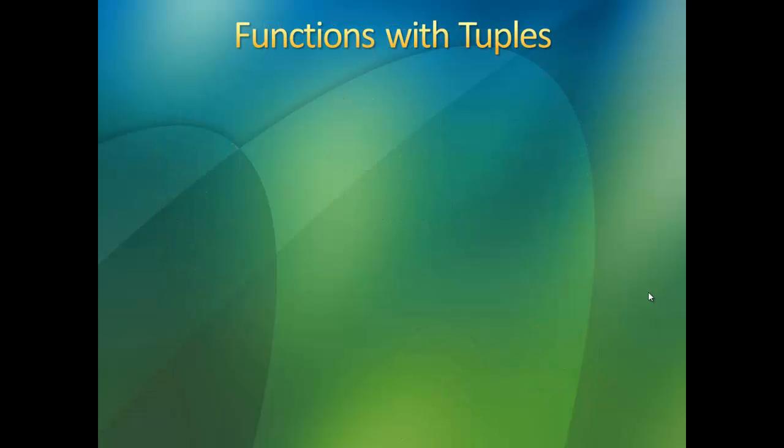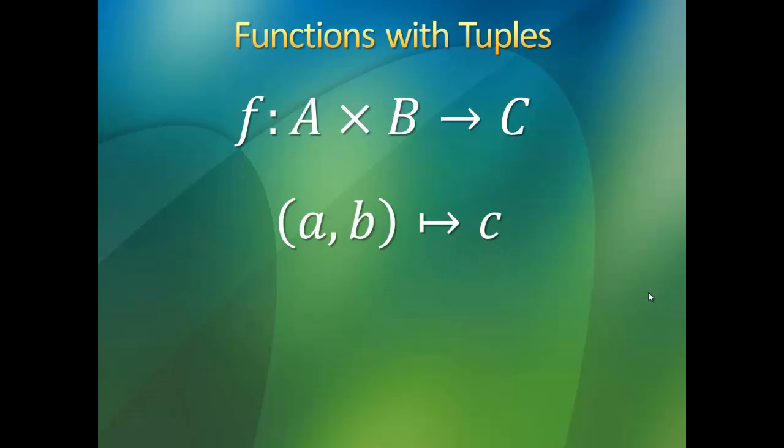Speaking of arguments, so far, the functions we've looked at have had only one argument. But there's nothing stopping us from defining a function where the domain, rather than being a single set, is actually a Cartesian product of sets. In that case, the input of the function is a tuple rather than a single number. In most cases, we drop the extra set of parentheses and just treat the function like it has multiple arguments.